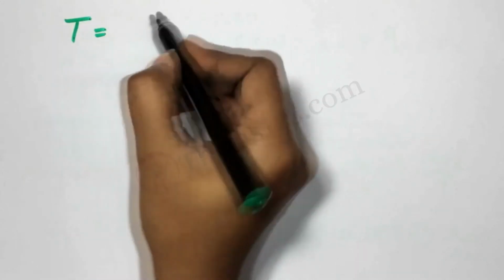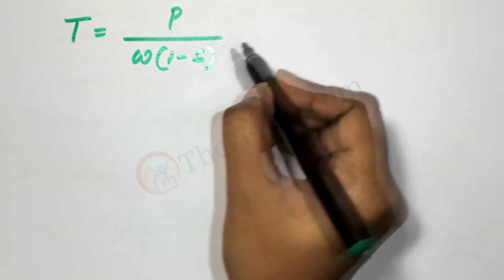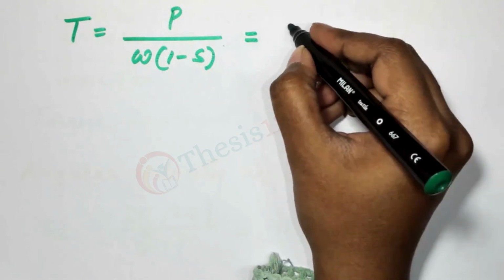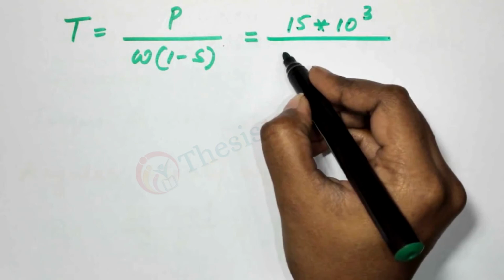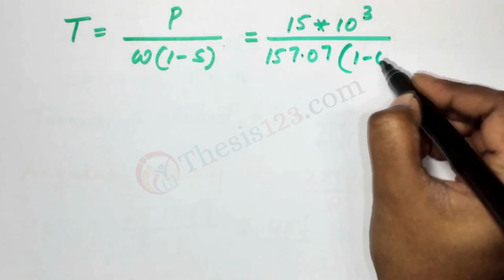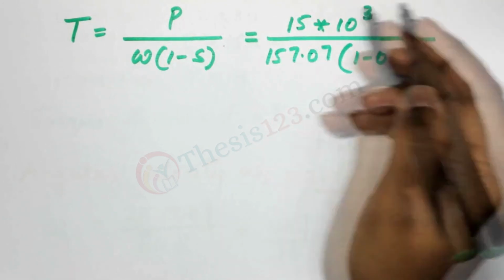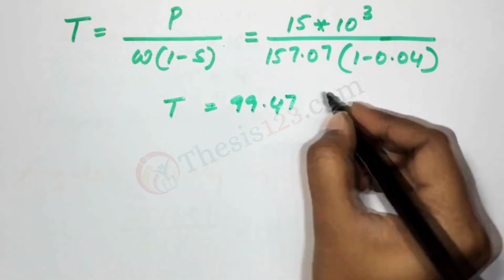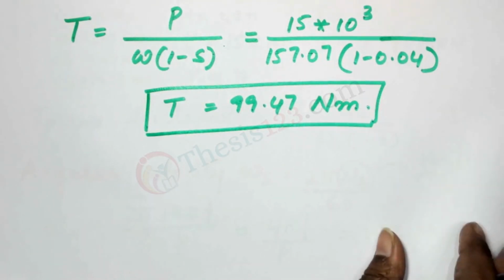Torque is power divided by omega times 1 minus S. The power is 15 into 10 to the power 3 divided by omega, 157.07, times 1 minus 0.04, which is the slip. So solving this entire thing, you should get a torque of 99.47 Newton meter. So this is our final answer here.